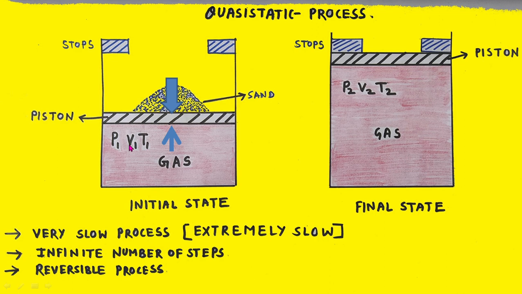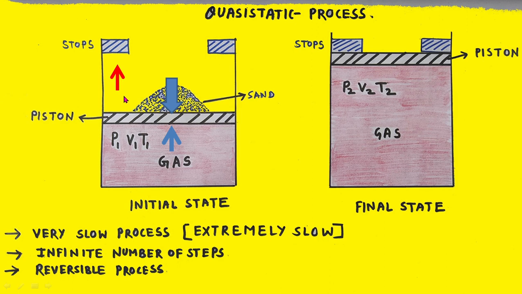Now suppose I remove a very small sand particle from the sand placed on this piston. What will happen? Let us see. The piston will move upward vertically by a very minute displacement, which cannot be seen by naked eyes, and you will not notice any change.